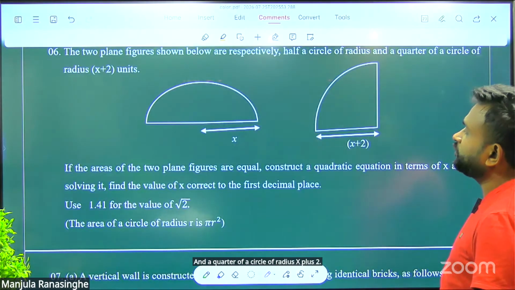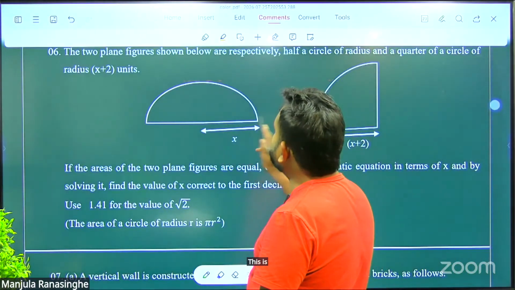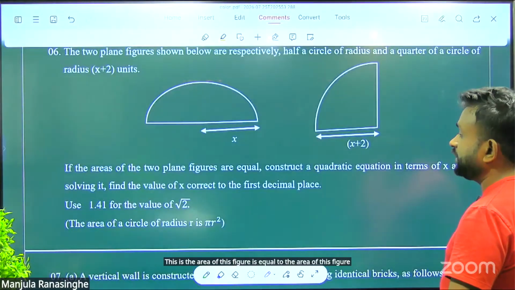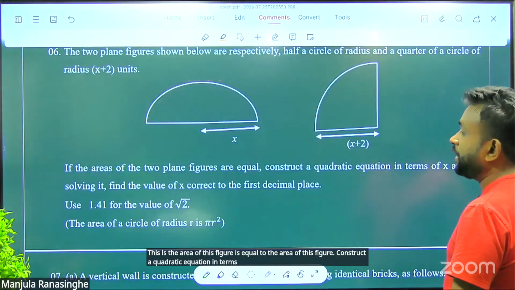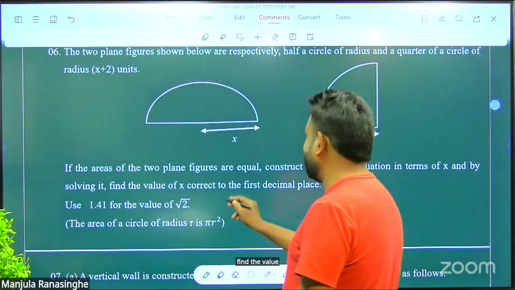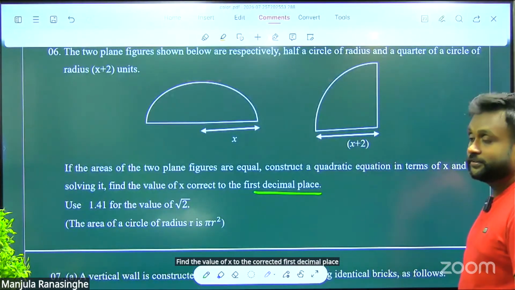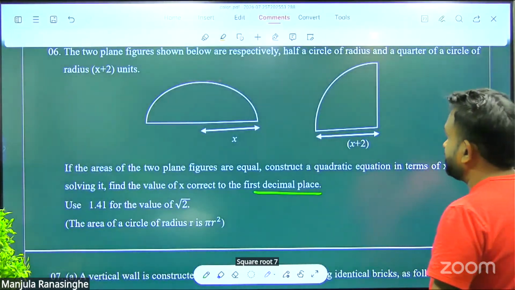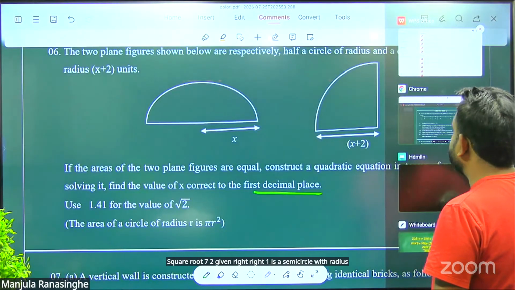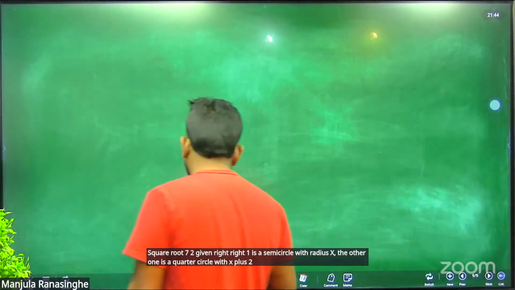If the areas of the two plane figures are equal, construct a quadratic equation in terms of x, and by solving it find the value of x correct to the first decimal place. Square root 2 is given. One is a semicircle with radius x, the other is a quarter circle with radius x plus 2. So I draw this figure.